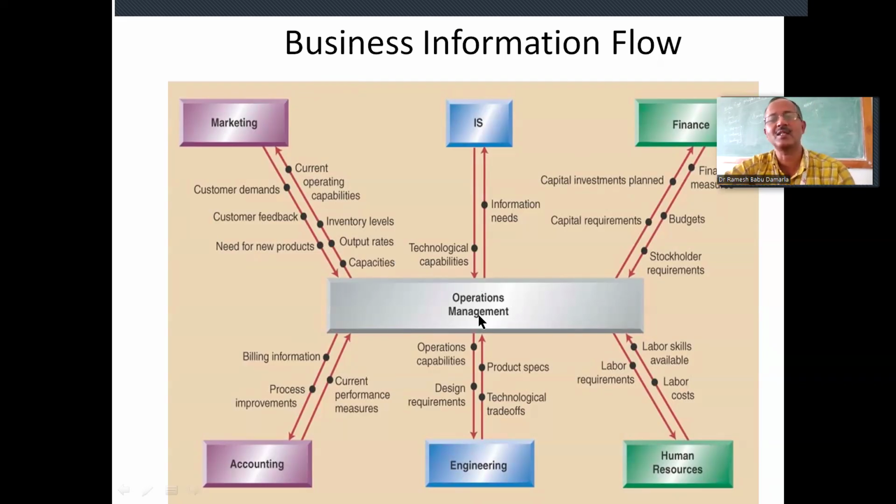And after the products are made, the products will go from the finished goods warehouse to the customer through the supply chain. The entire marketing team will be looking after that. So daily, regular coordination is required between the operations manager and all other functions, which is very, very key.